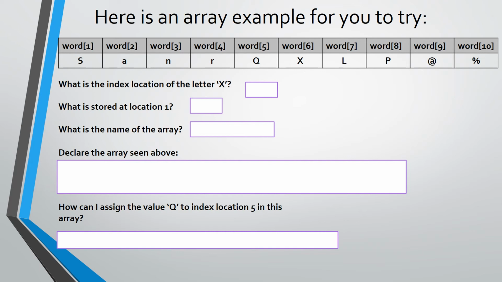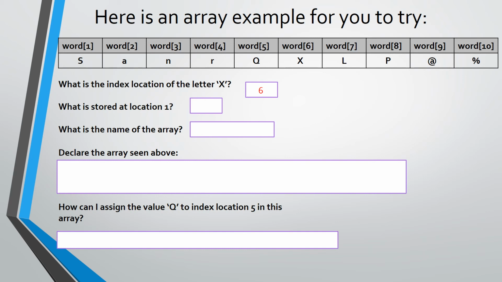So I moved on to testing to see if they understand all that I spoke about just now. I gave them something to try. They saw this array here, and I said, what is the index location of the letter X? They were using their individual whiteboards to answer. It was important for me not to have them working in a group because I wanted to check each of their thinking.